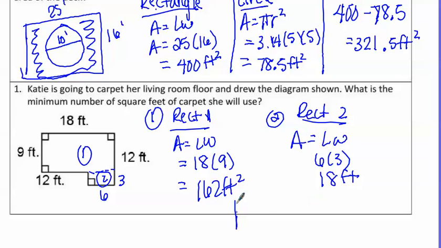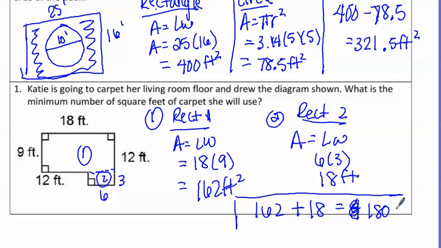To find the total area, you want to add 162 plus 18 to give you 180 square feet.